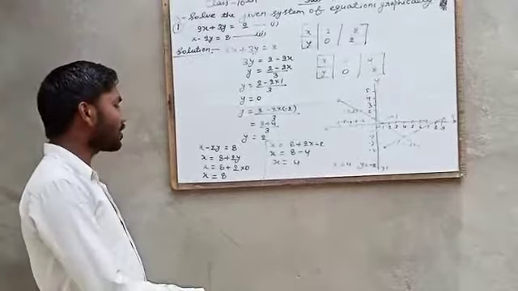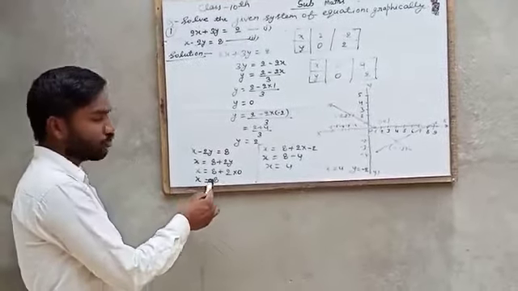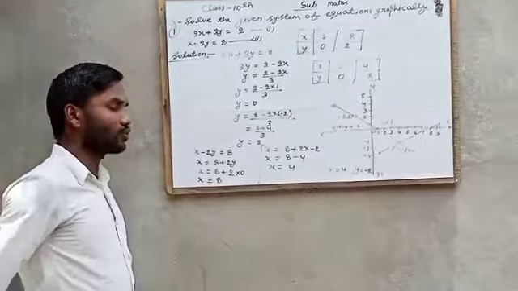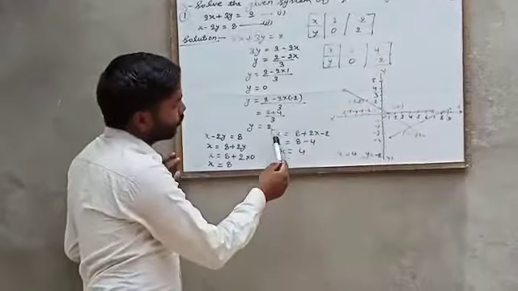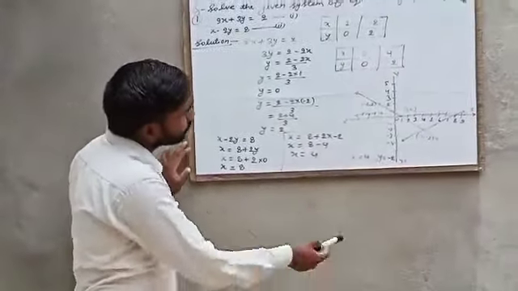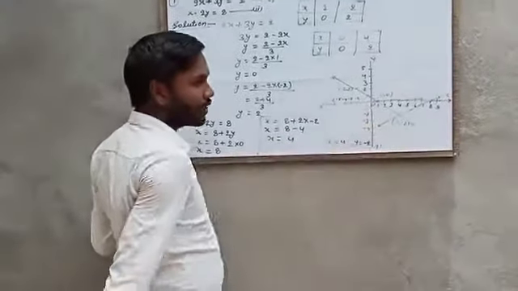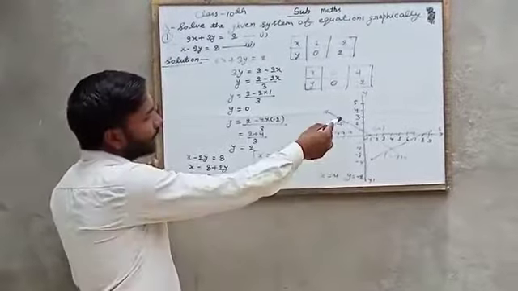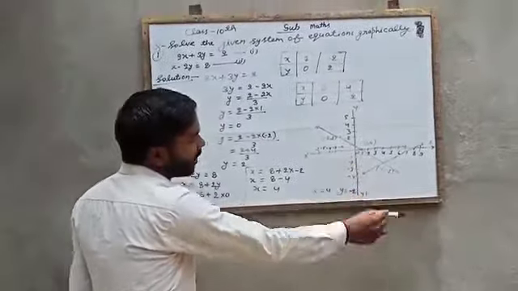For the second equation also, we put y as 0, so we got x is equal to 8, and when we put y is equal to minus 2, we get x is equal to 4.